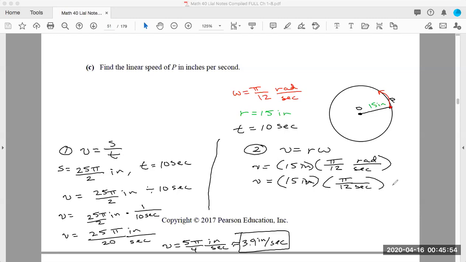Then we get 15 pi over 12 inches per second, which comes out to 5 pi over 4 inches per second, which takes you to the same answer.